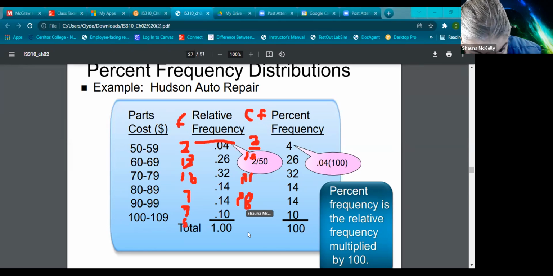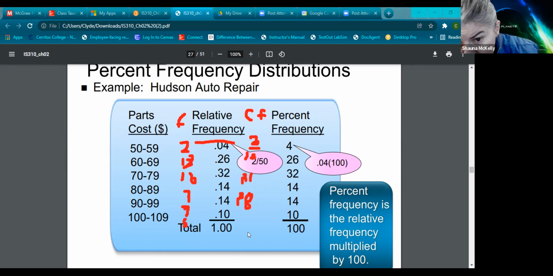Then you take 38 and 7, and you get 45. And 45 plus 5 is 50. That's your cumulative frequency, okay?